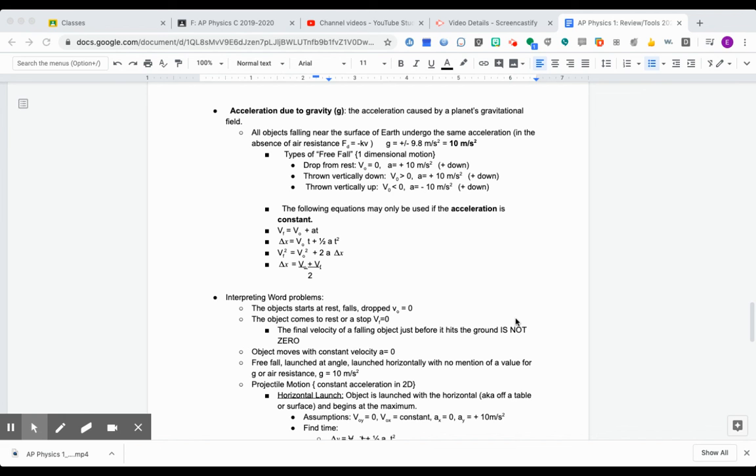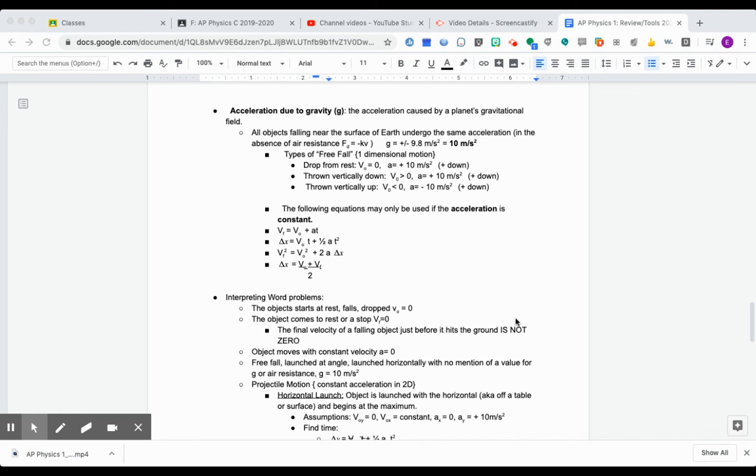In free fall, an object is either dropped from rest and moves along a straight path in one direction only, is thrown vertically downward, which still moves along a linear path in one direction, or it's thrown vertically up, which means that it moves straight up and then comes straight down along the same path, moving in 2 different directions, up and down, but within the same dimension.